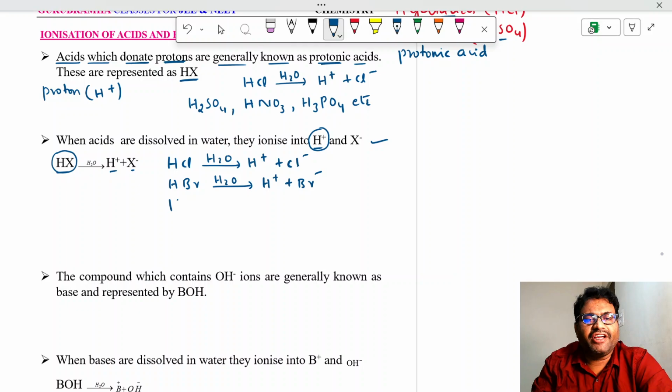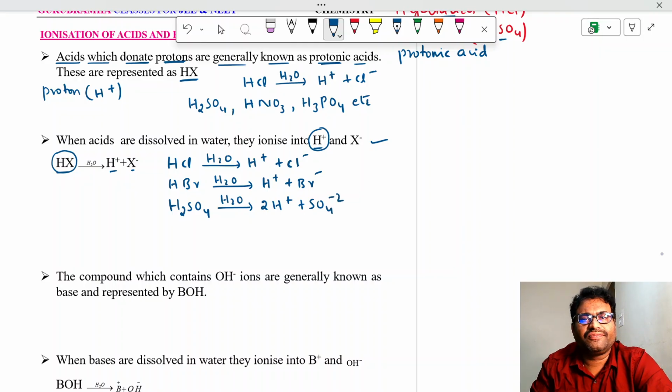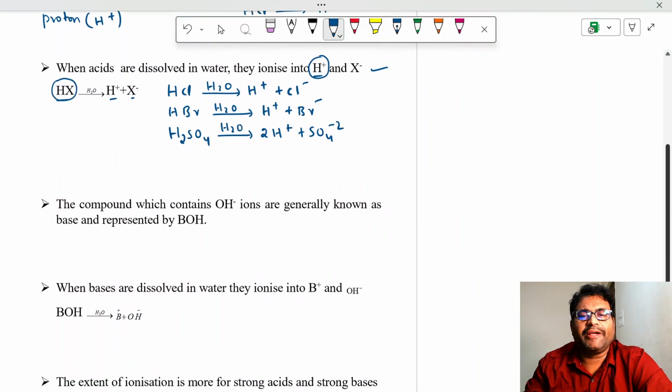H2SO4 in water solvent gives 2H plus and SO4 minus 2. In this way, acids that release protons in a particular solvent are called protonic acids.